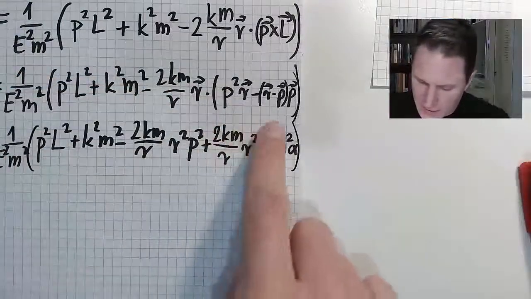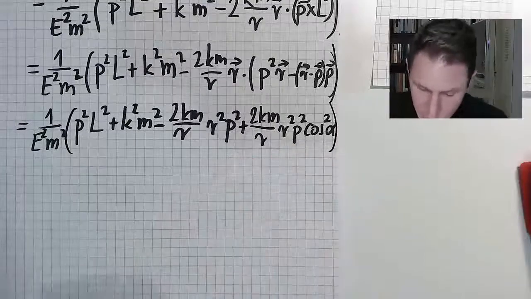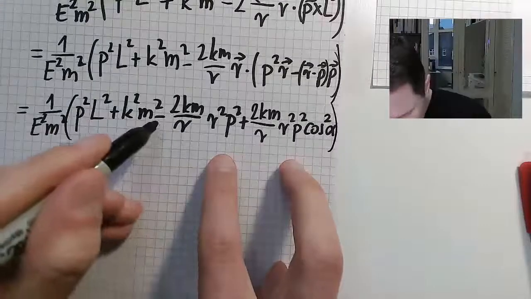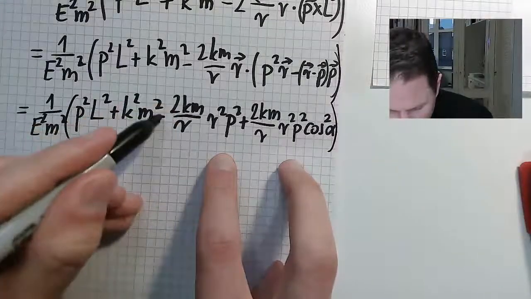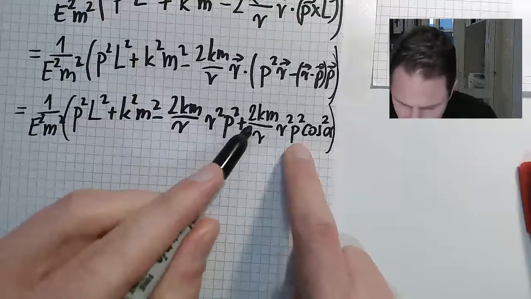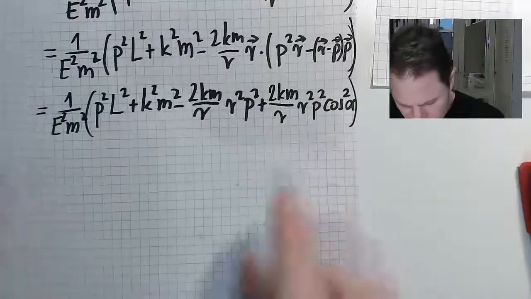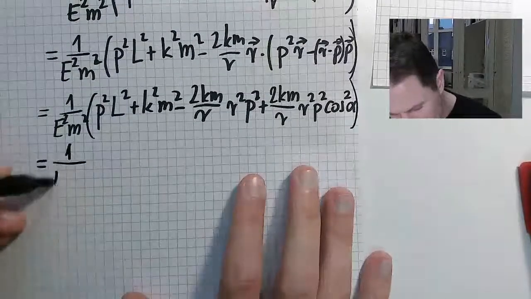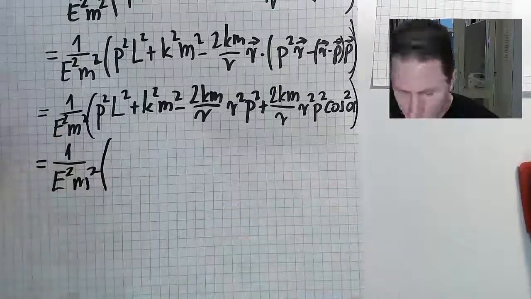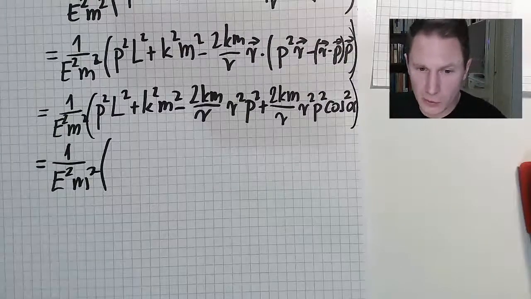Okay, so this is just the scalar product written out using its usual geometric definition. But what you can notice here is we have 2km over r times r squared times p squared, and that again multiplied by the cosine of alpha squared. So we can use the nice trigonometric identity that the cosine squared plus the sine squared of an angle is equal to 1.